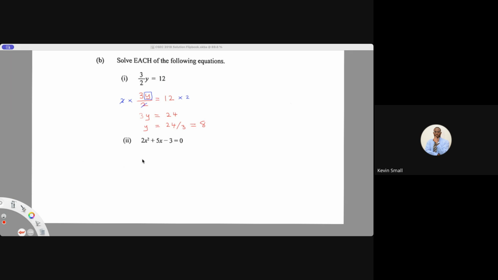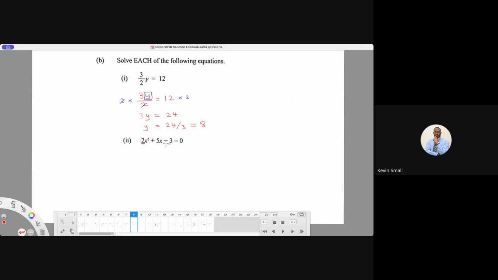All right, good. So again, you always look at the first and last term. So you take 2 and multiply it with -3. That will give me -6 on the side here. I look for all the factors of -6. Remember, a positive and a negative must give me a negative number. So one factor could be 1, the next factor could be -6.